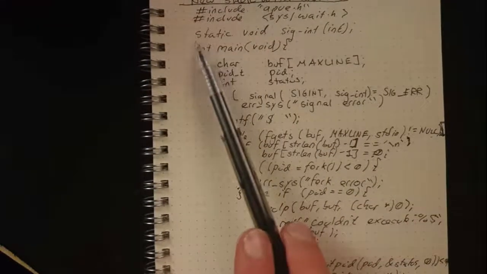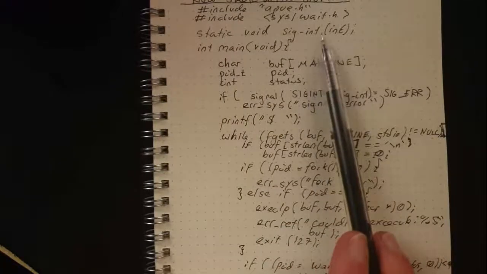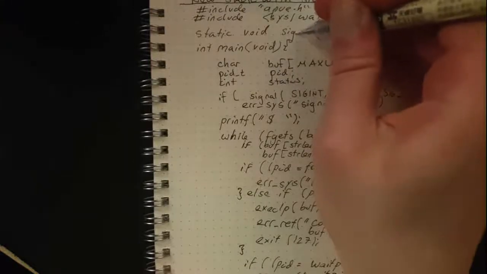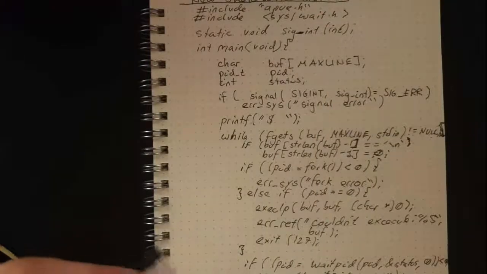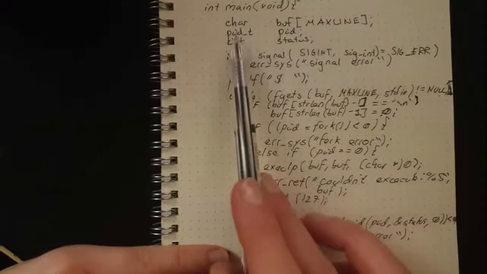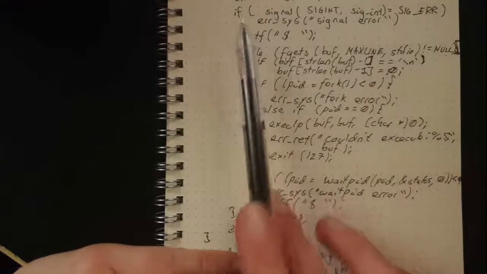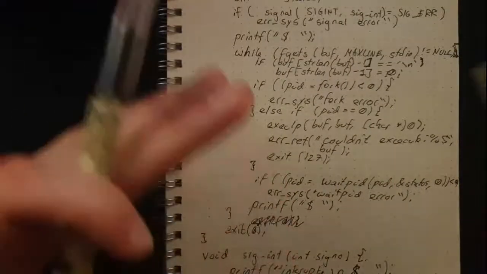We define the SIGINT function, then underscore. We start into main void. We define our constants, and the main new line of code here is this part.